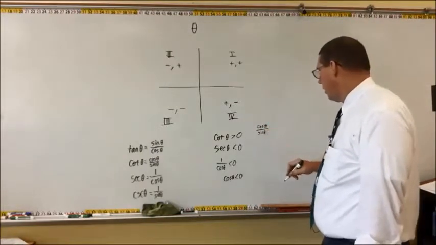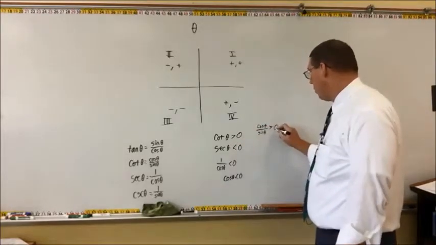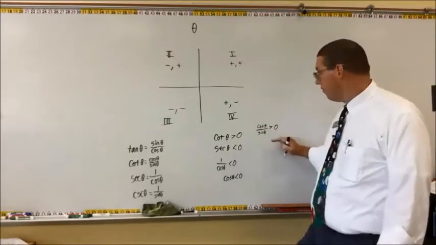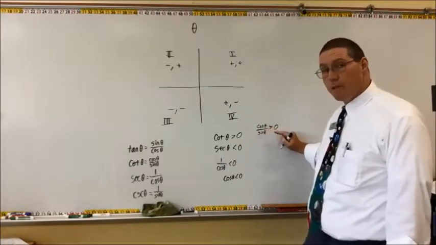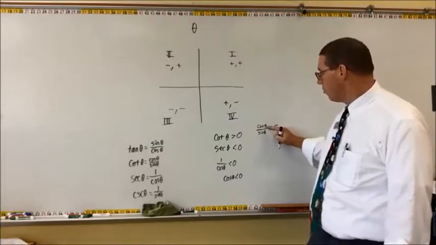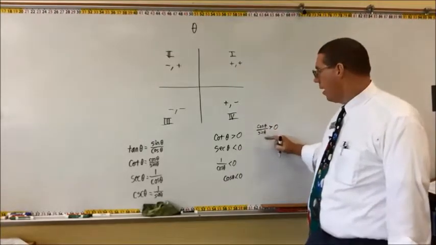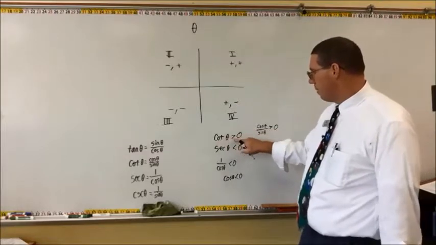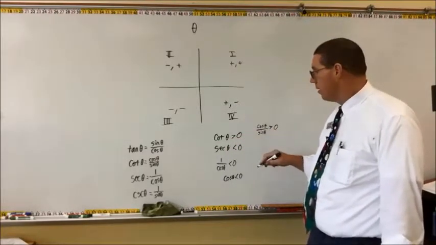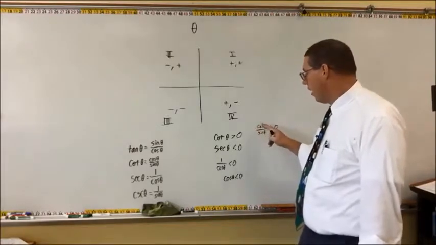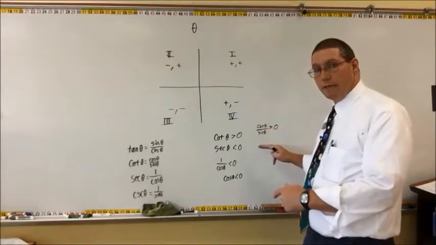If this is greater than 0, the only way a fraction can possibly be positive is if the numerator and the denominator are the same sign. So in order for cosine divided by sine to be positive, it either has to be a positive over a positive, or a negative over a negative.